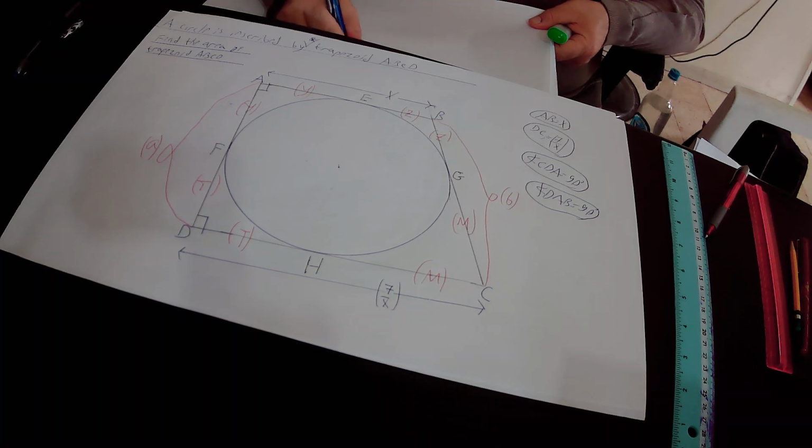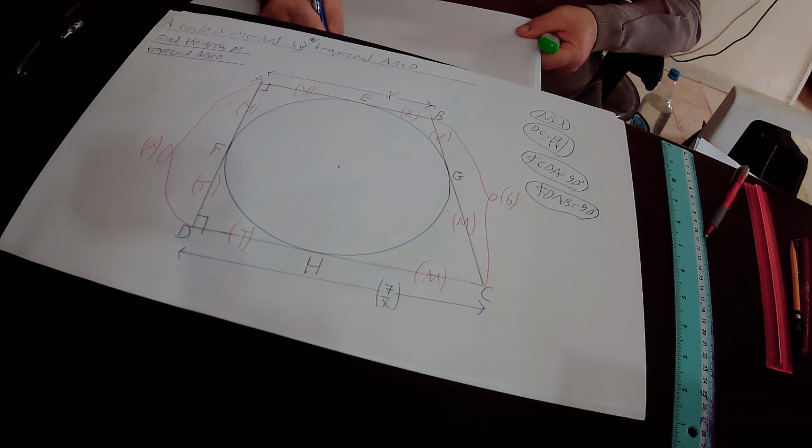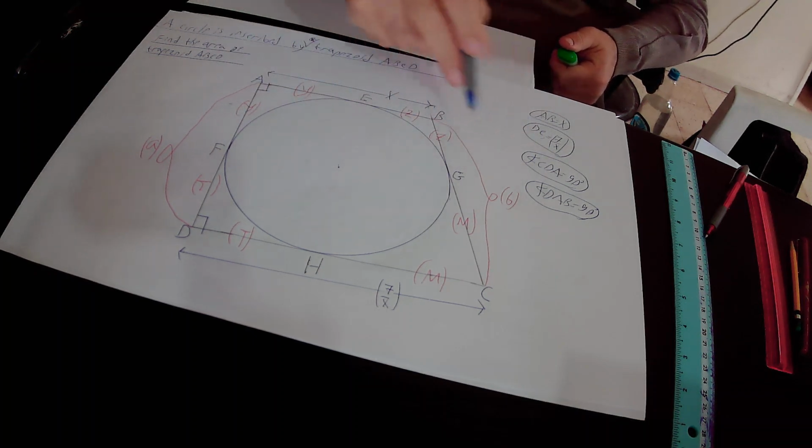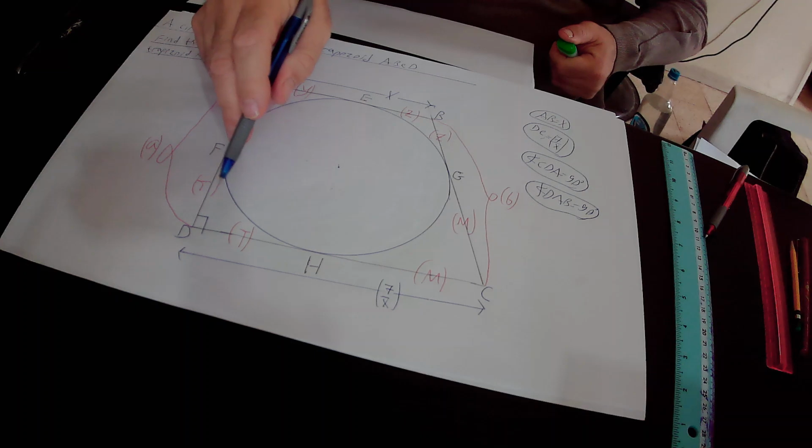In the next step, we will do a construction. That is to say, from point B, we will draw a perpendicular on side DC.